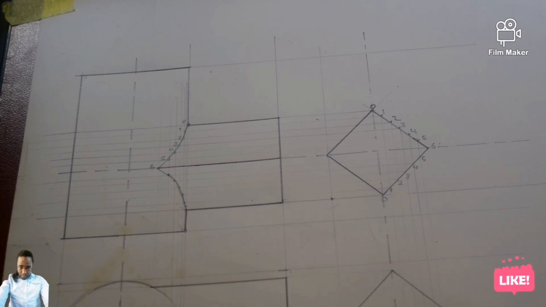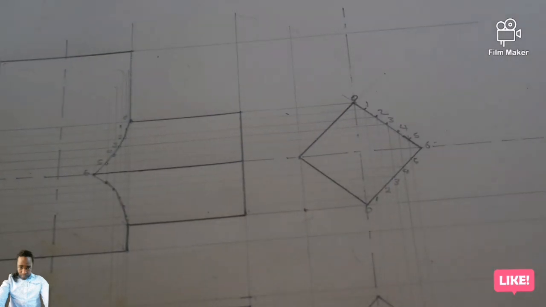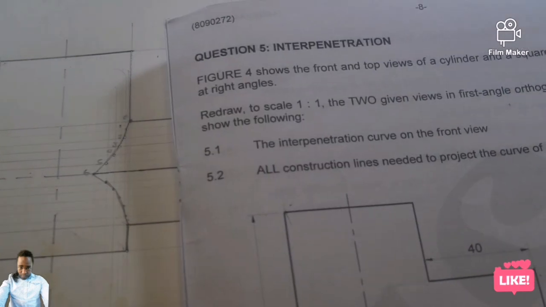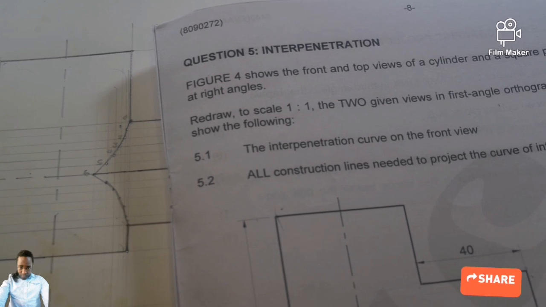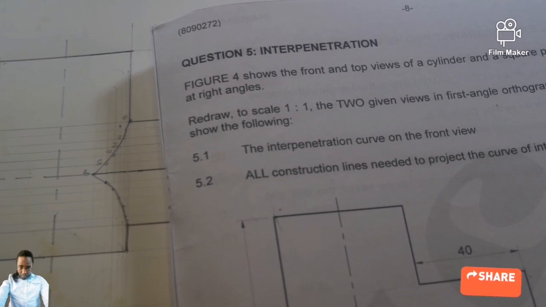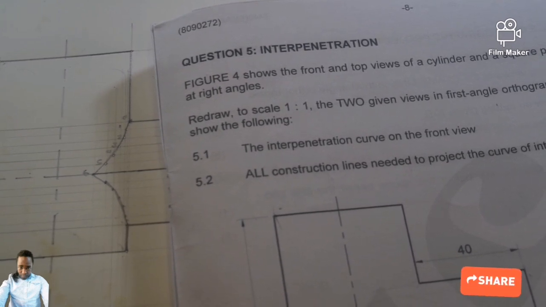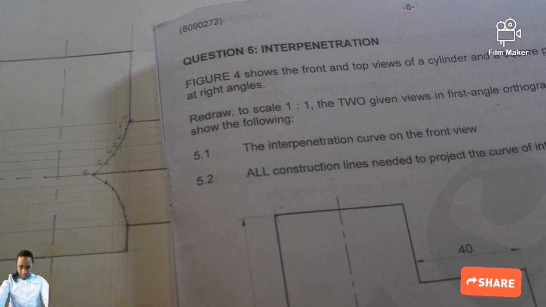You understand? Because it's simple, straightforward, and on our YouTube channel we've got plenty of such topics, so you can tune in there and search curve of interpenetration engineering drawing N2.